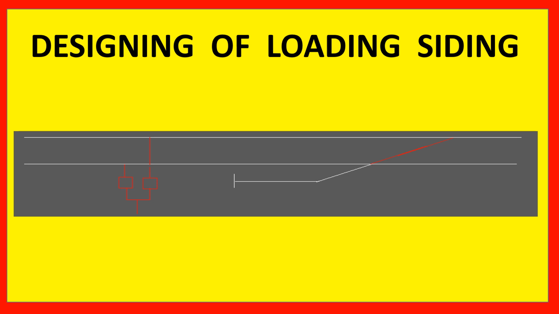So if there is no favorable crossover, then you have to design a crossover also, so that on any line the train can come from the up line to the siding and can go from the siding to the down line. Somewhere they are taking Y connection, because the train can move both sides, up direction or down direction. Y connection I will show you later. Initially better to see how to design.